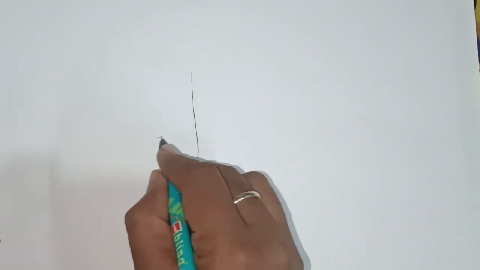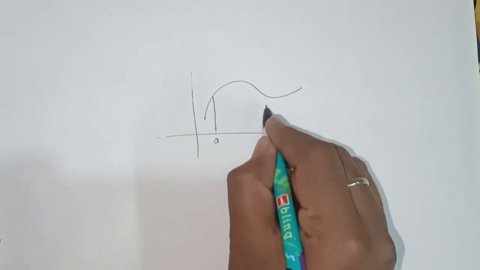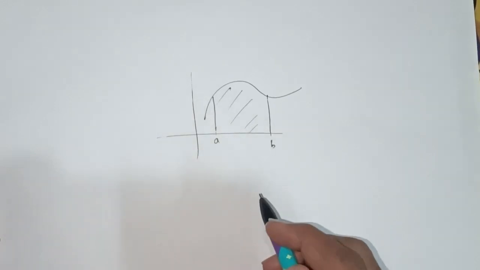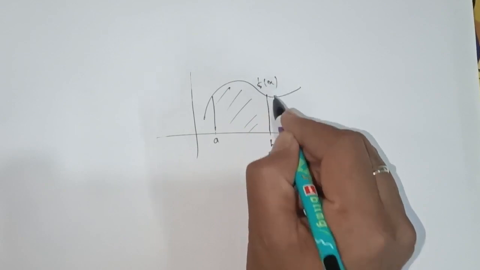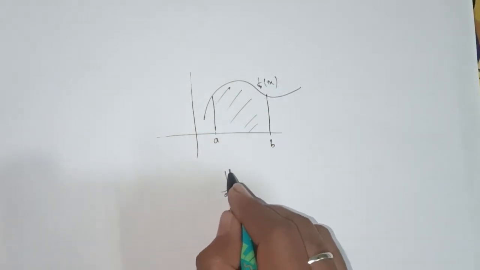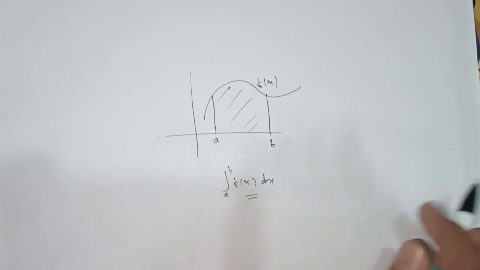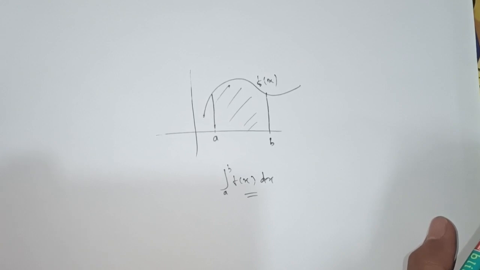If I take a curve like this and the points A to B, then how will you define this area? If the curve is f(x), then the symbol is the integral from A to B of f(x) dx. We will see this integration in class 12.